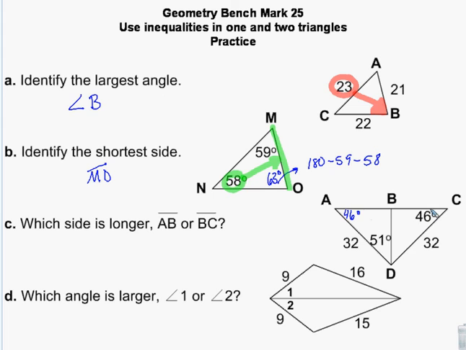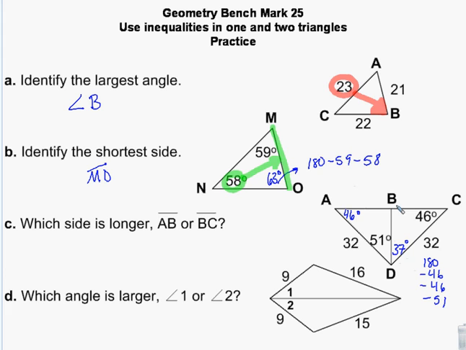So I have 46 and 46 and 51, so I'm going to take 180, the whole big triangle, and subtract the two 46s and the 51. And that'll tell me what this missing piece is, which is 37.